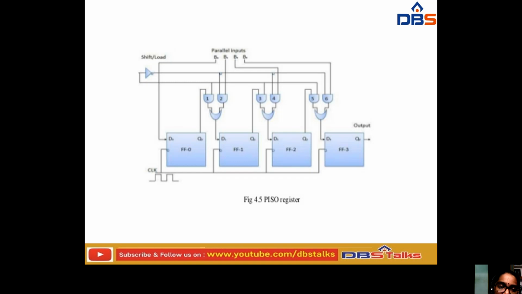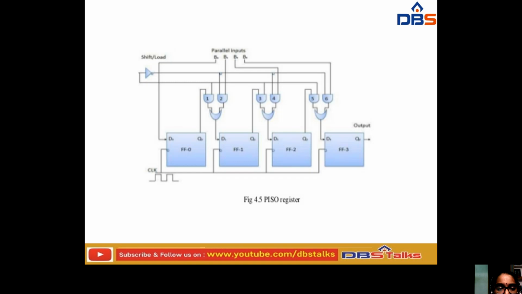If you have observed this figure, this is PISO, which we have already discussed, that is, the parallel in serial out register. This is the shift or load, these are the parallel inputs. Here are flip-flops 0, 1, 2, 3, so we have taken 4 flip-flops here.